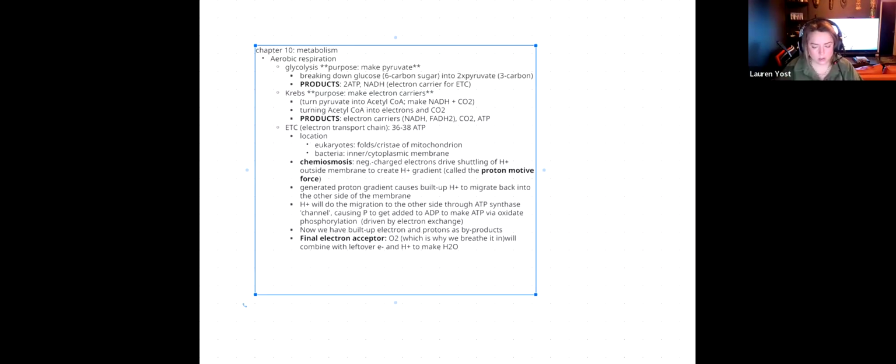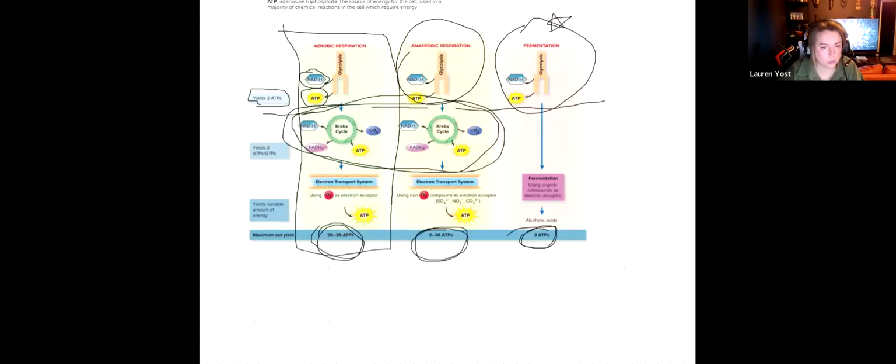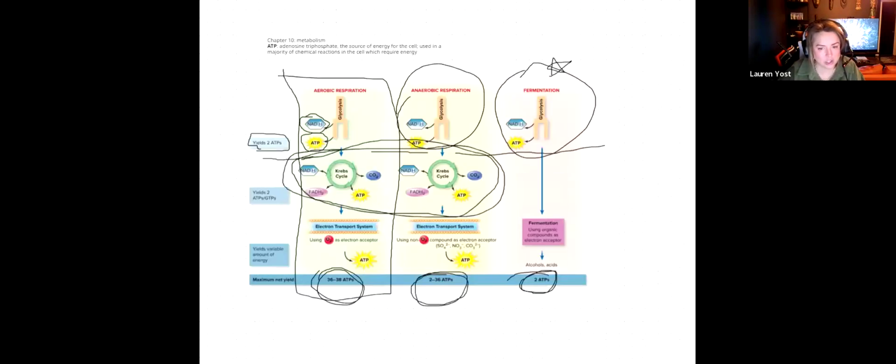All right. They still are going to need a final electron acceptor. Why though? Why do they still need the electron acceptor? Well, if we go back to glycolysis, we see we make NADH as one of the products.